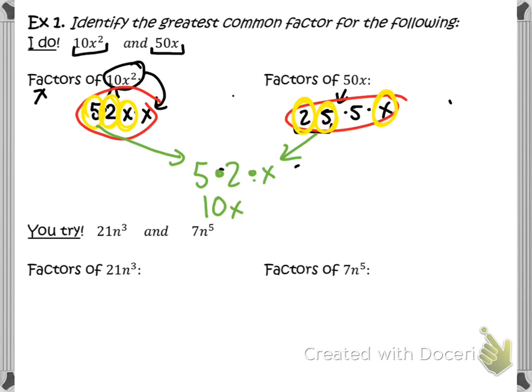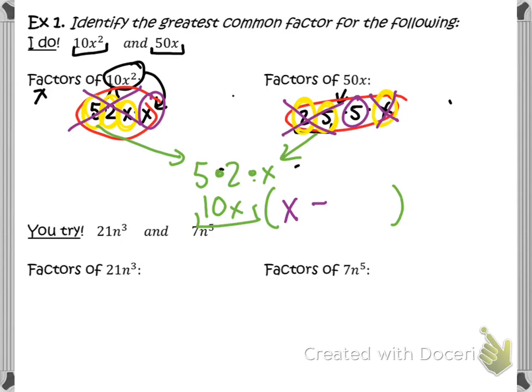So, because this is their greatest common factor, if I'm factoring it out, if I take out a 10x from both, let's see, what goes away? If I take out this 10x, on the first term, I'm only left with an x. On the second term, I'm only left with a 5, right?